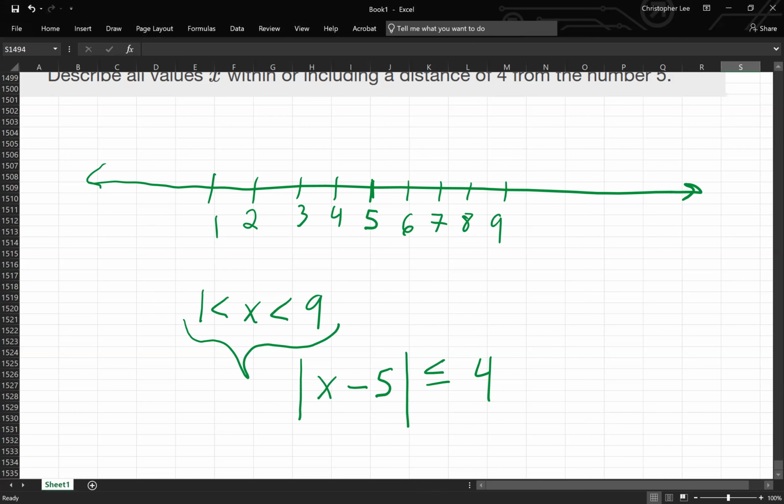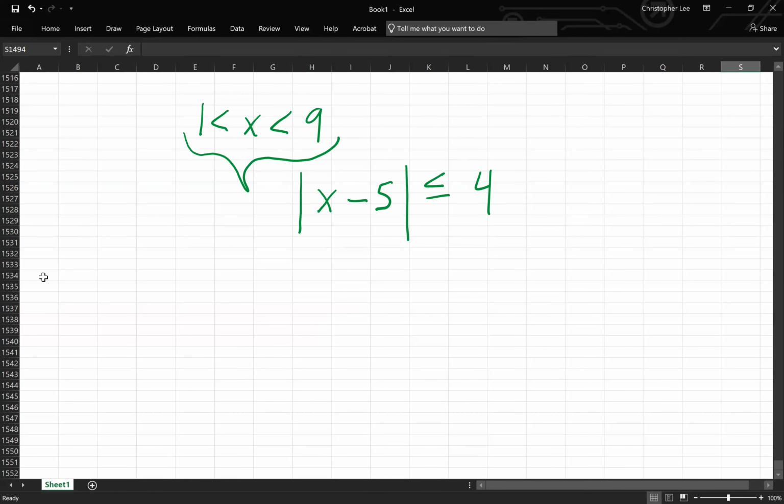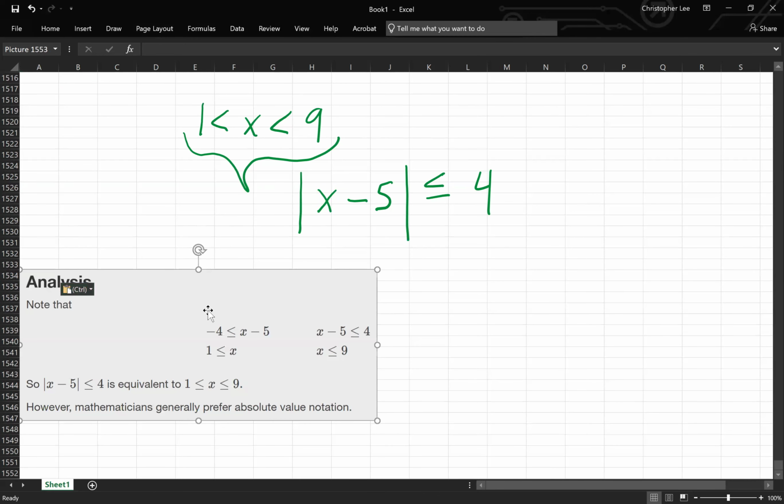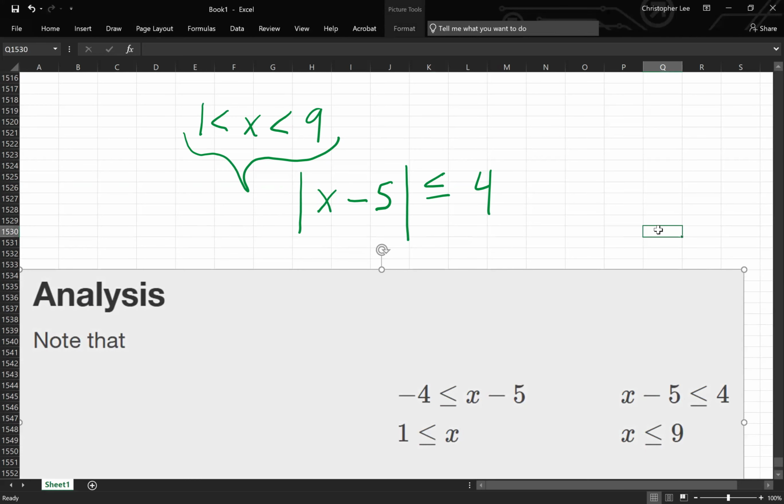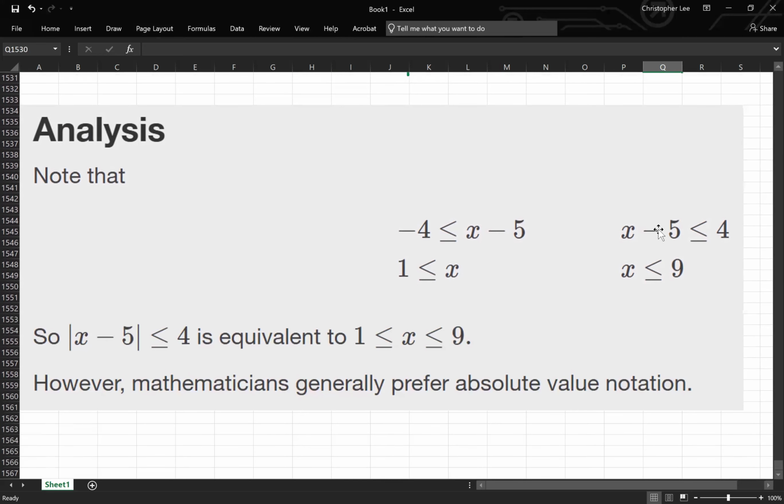Just make a special note real quick. So I want to note that for -4 less than or equal to x minus 5, we can solve for x, just add 5 to both sides. It's going to give us 1 is less than or equal to x. And then for x minus 5 less than or equal to +4, we can add 5 to both sides.